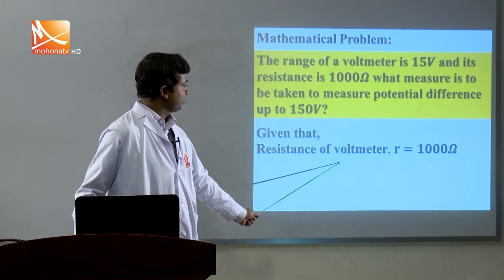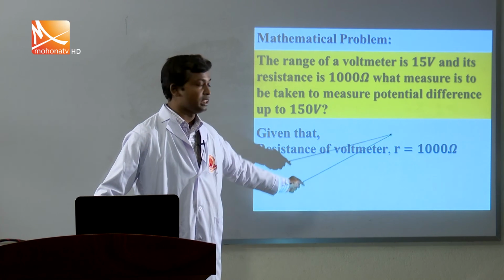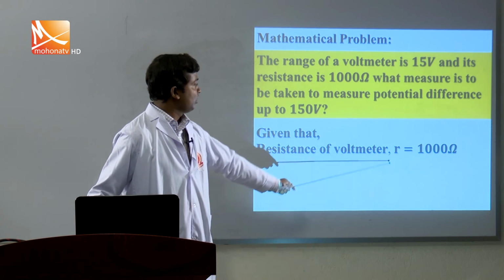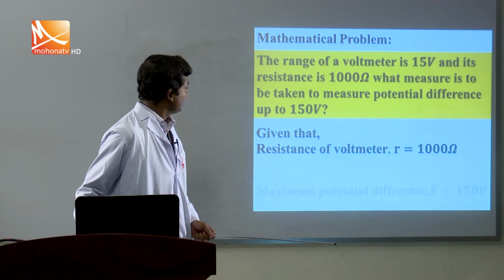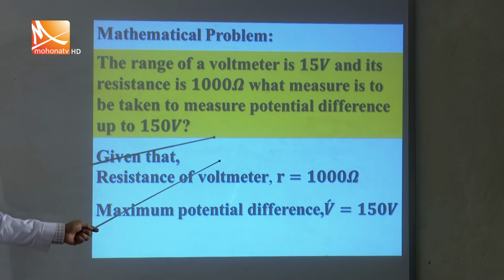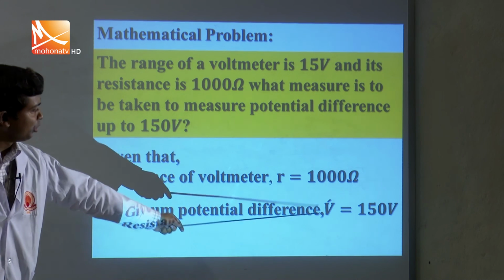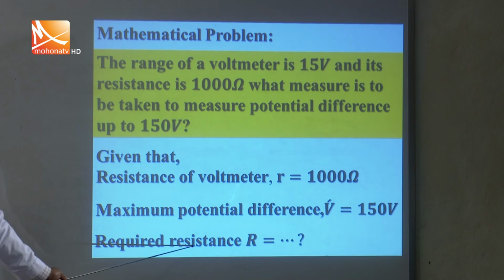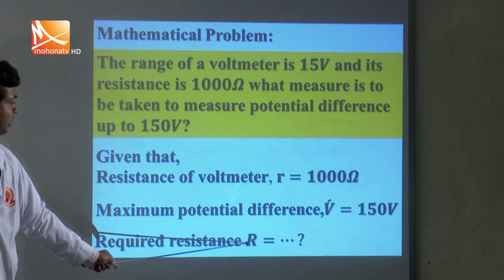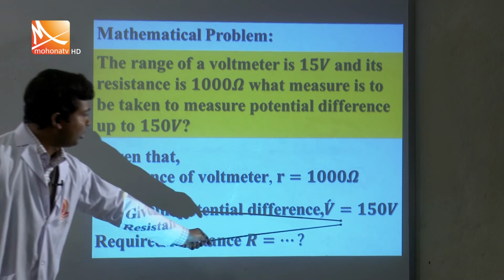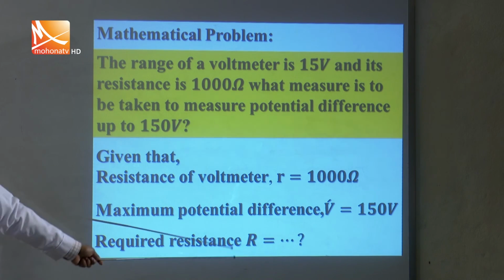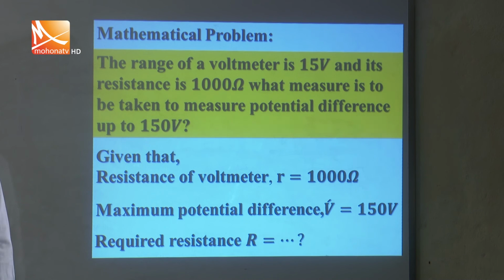Number one, the resistance of the galvanometer, denoted by small r as for the ammeter, that is 1000 ohm. Second, the maximum potential difference that you have to measure, that is 150 volt. And third, the required resistance R that you have to calculate. In order to measure 150 volt, you have to add R amount of resistance.